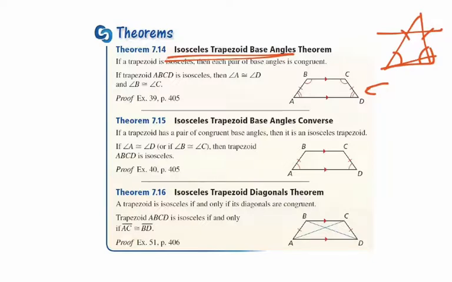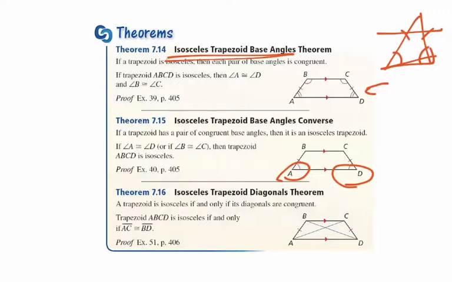The next theorem, the isosceles base angles converse, says, hey, guess what? If you already know that the angles are congruent, those base angles, then it forces that shape to be an isosceles trapezoid. So the first one is going one direction. If we say it's an isosceles trapezoid, then we know the base angles are congruent. The second one is going the opposite direction, saying if the angles are congruent, guess what?